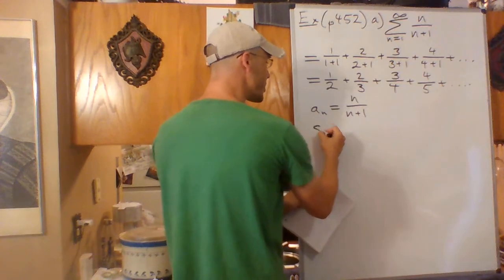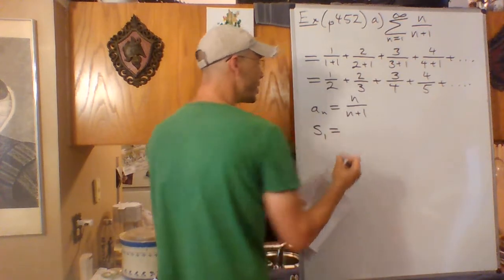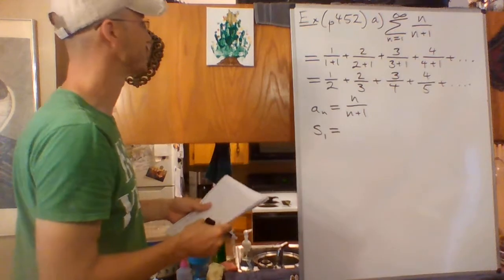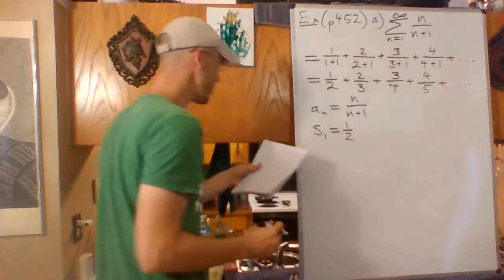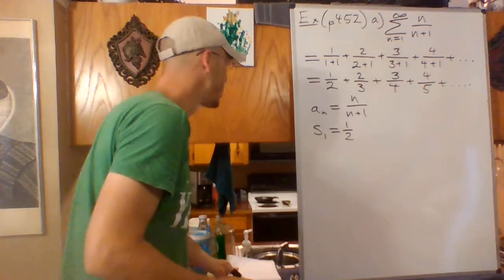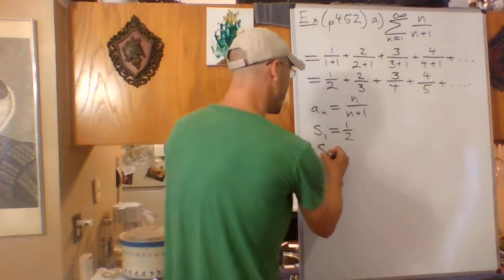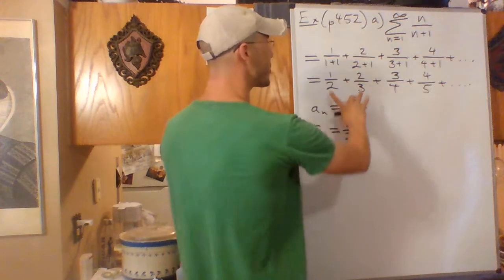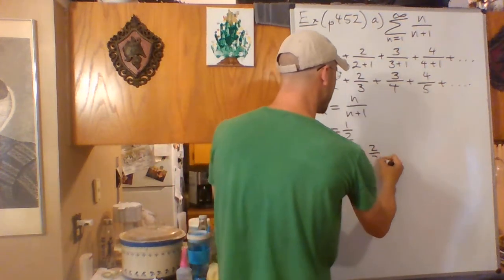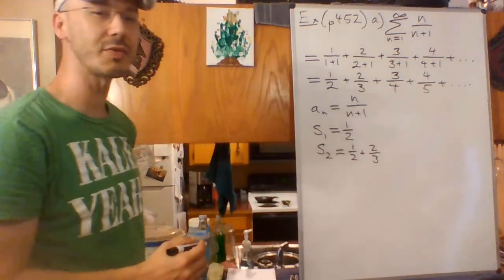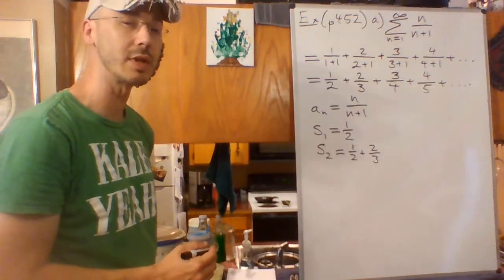But what I'm more interested in are the partial sums. So I'm going to start looking at them in order. S1, the first partial sum, is just the first term, 1/2. The second partial sum, the sum of the first two terms, is 1/2 plus 2/3. And we could combine those fractions, but I'm not going to do that.